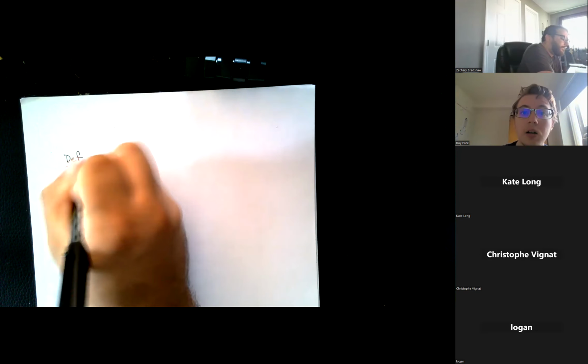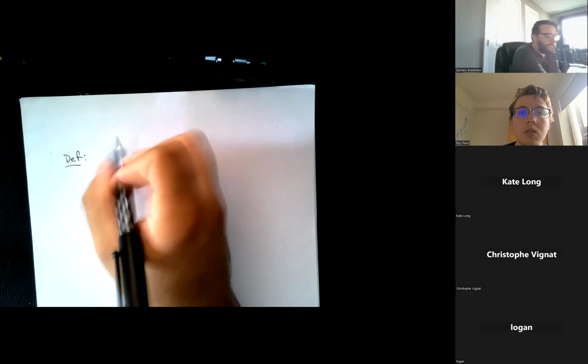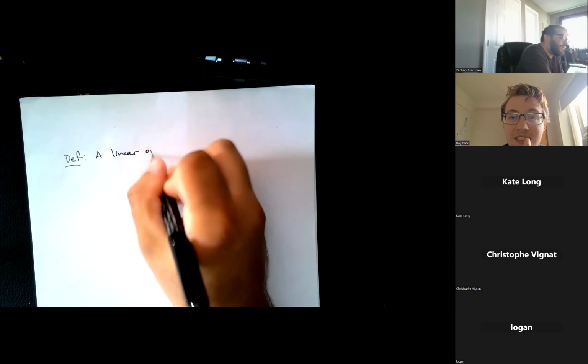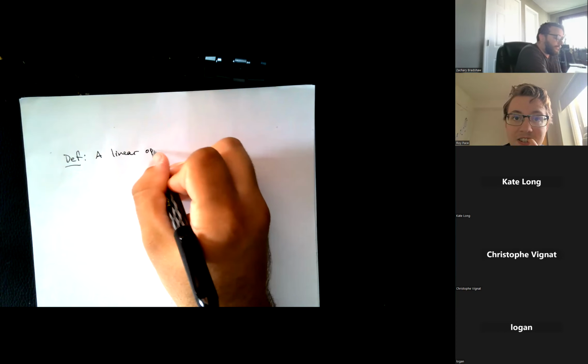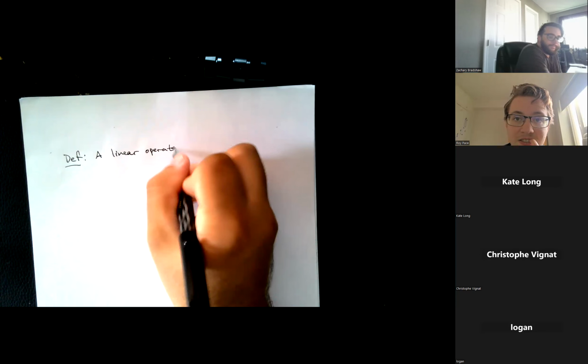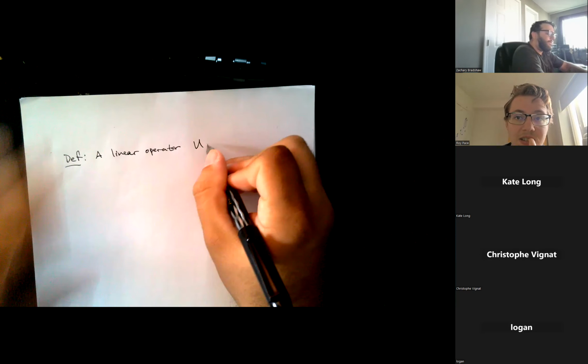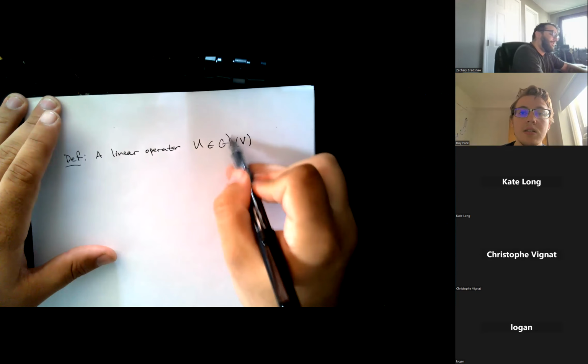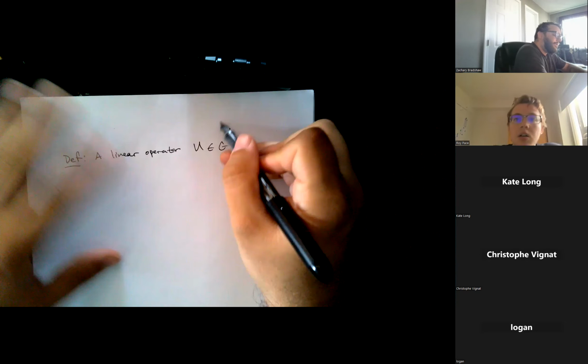Okay, so for this reason and for other reasons, we should define what a unitary operator is. So a linear operator U in GL of V. This is actually a group.